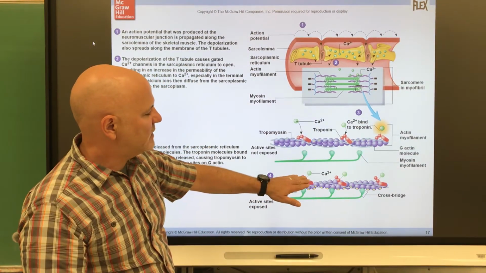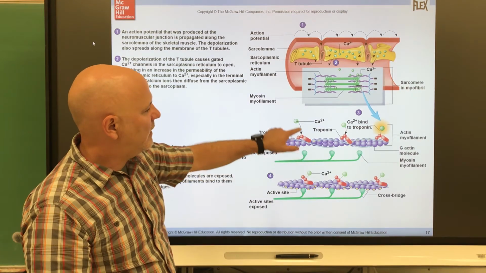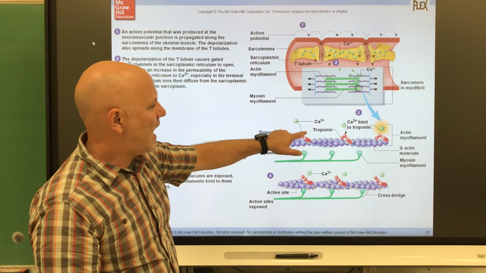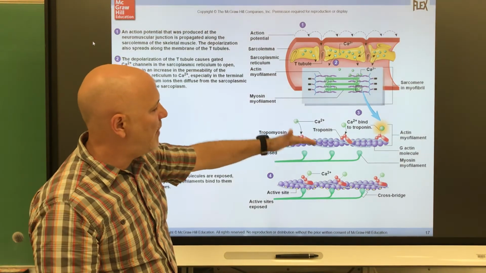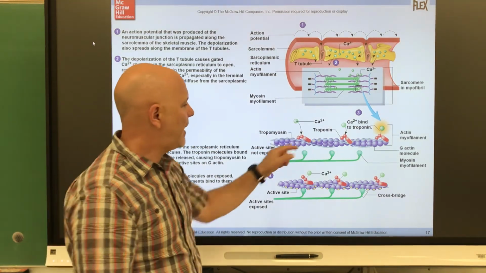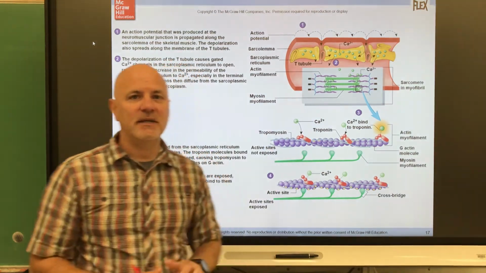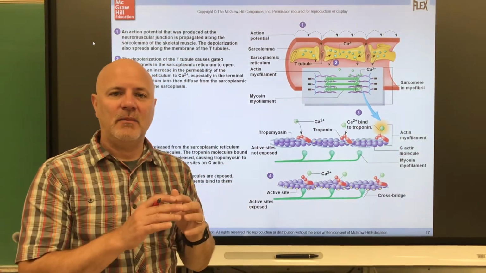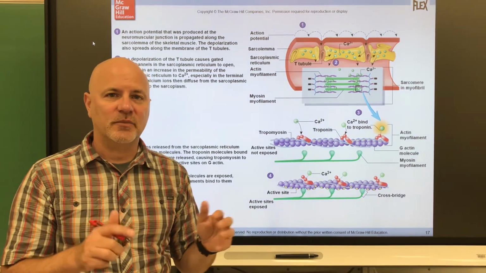So if the calcium is being pumped out, and now calcium is not bound to troponin, the troponin-tropomyosin can move back into their original position, blocking the myosin from binding to the actin. And then the actin and myosin slide back into their original positions.